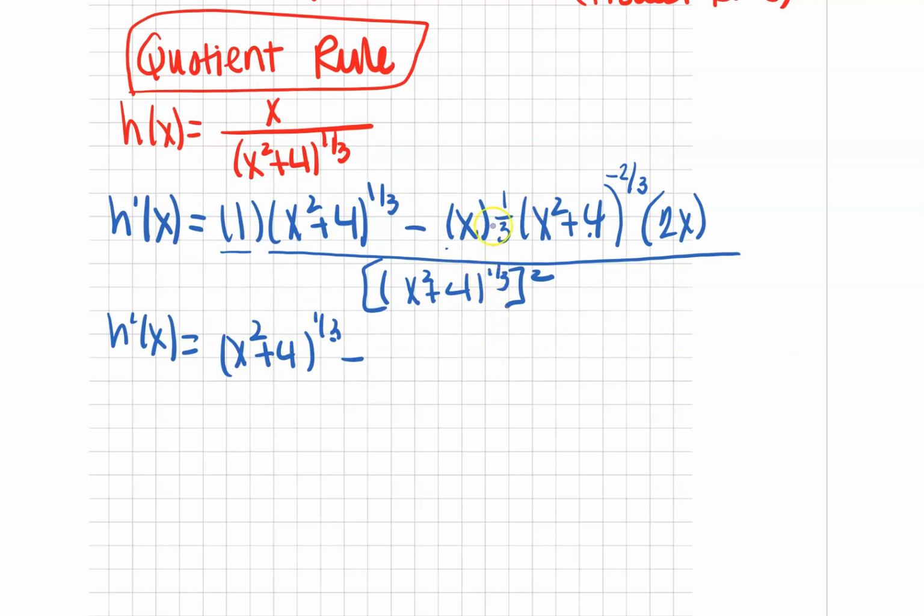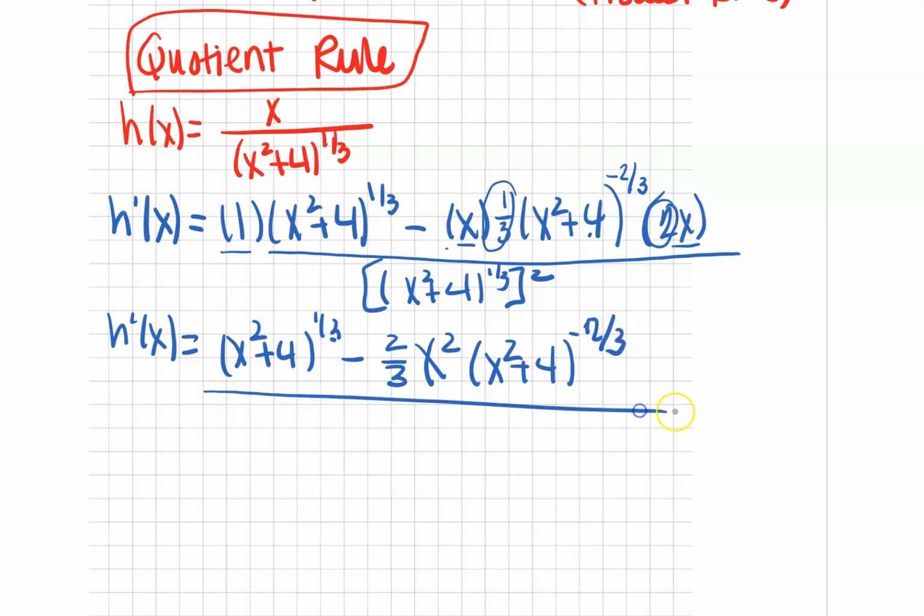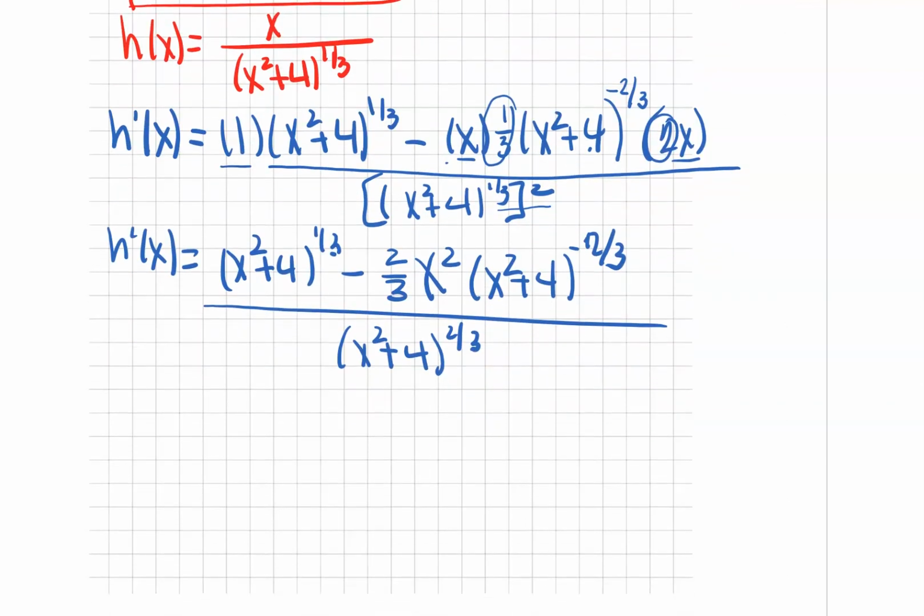Coefficient wise, I've got a 1/3 and a 2, so it gives me 2/3. x and x, so I've got an x squared, and then that grouping (x squared plus 4) to the negative 2/3. All over on the bottom, 1/3 squared is going to give me (x squared plus 4) to the 2/3.